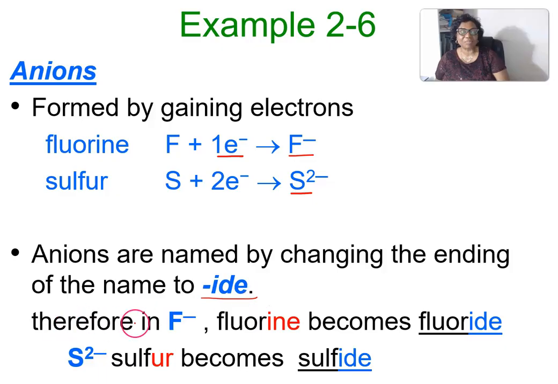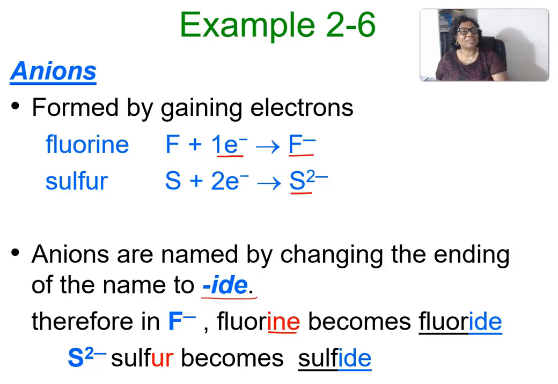So for example, fluorine, we change the ending to become fluoride. Sulfur is an anion. It becomes sulfide. We just change the -ur to -ide. So that is how we name monoatomic anions.